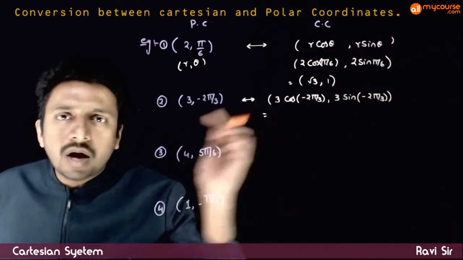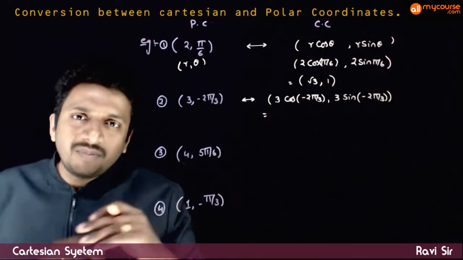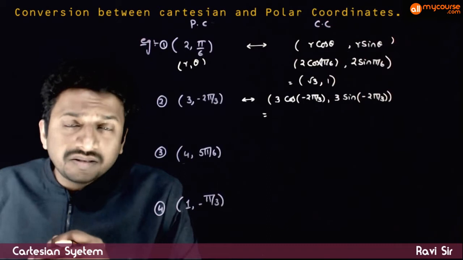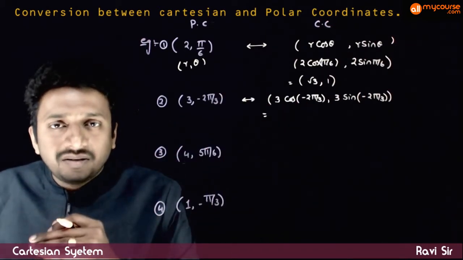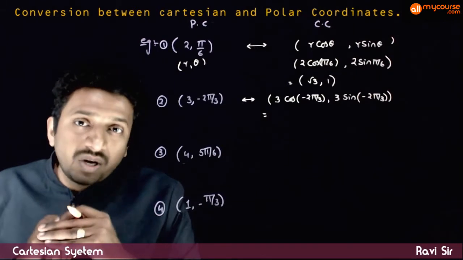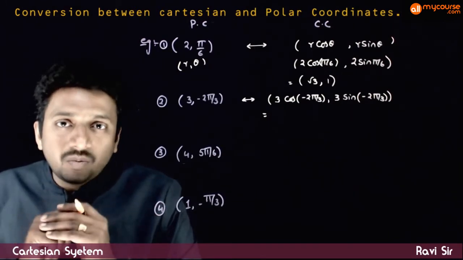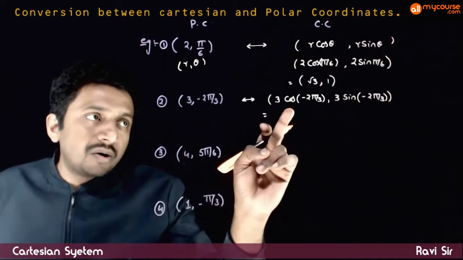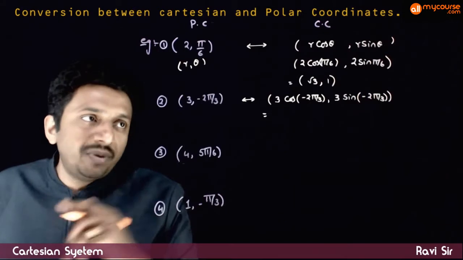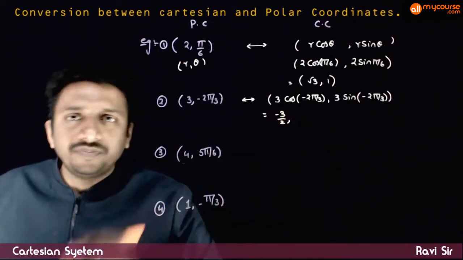Cos minus 2 pi by 3 is same as cos plus 2 pi by 3, because the sign of theta doesn't matter in cos. And 2 pi by 3 is 120 degrees. So we know that cos 120 is minus 1 by 2. 120 lies in the second quadrant, so cos 120 is minus 1 by 2. So 3 times minus 1 by 2 is minus 3 by 2.